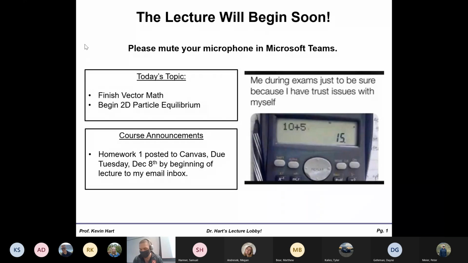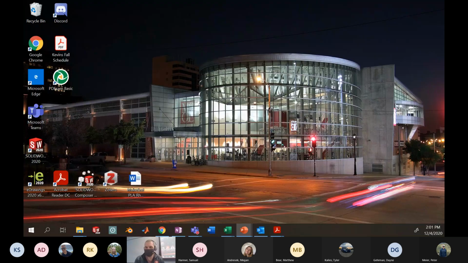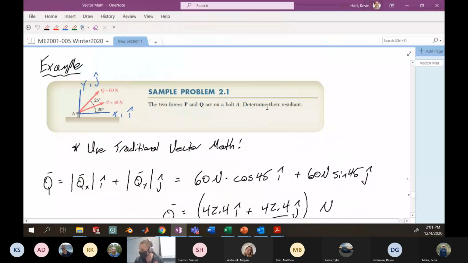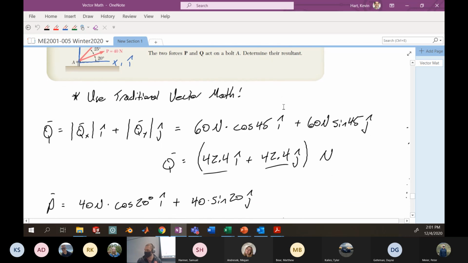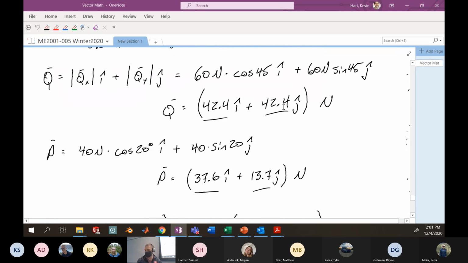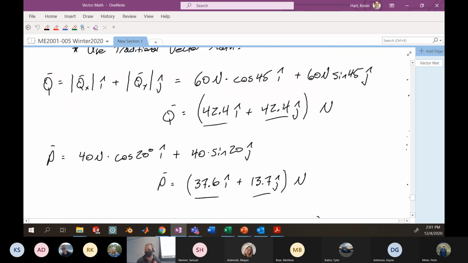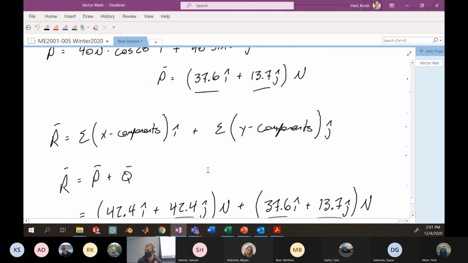All right. Let's pick up where we left off. I'll remind you where we were yesterday. We finished up with an example problem using our new unit vector addition strategy. So resolving our vectors into x and y directions and writing them in terms of unit vectors i hat and j hat, and then adding the contributions in i and the contributions in j to get a fully resolved force.